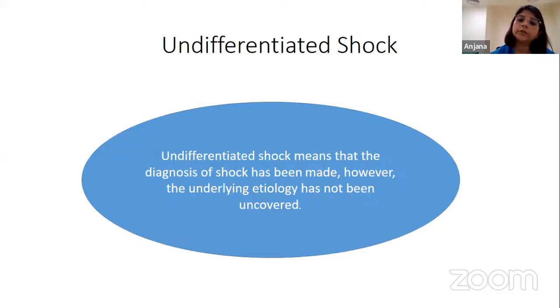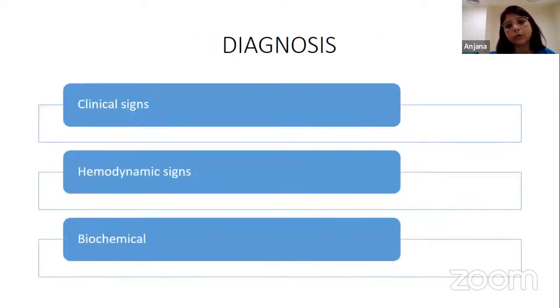Now, undifferentiated shock means that you have made a diagnosis of shock, but you don't know what the underlying etiology is. Definitely, you know that a patient is in shock, but why, we don't know. So that is an undifferentiated shock, and it does take some time to understand the reason behind the shock. So what are we going to do till the time we know why the patient is in shock? That's what I'm going to speak on.